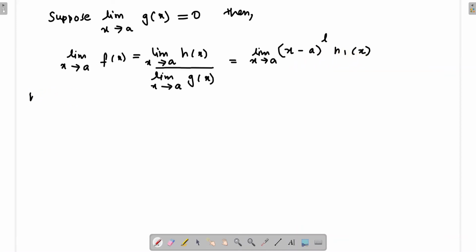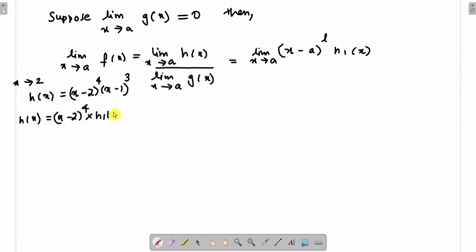So if you have hx as the function x minus 2 raised to 4 times x minus 1 raised to 3, and suppose we have to find the limit as x tends to 2, we can write hx as x minus 2 raised to 4 times h1x, where h1x is x minus 1 the whole cube.